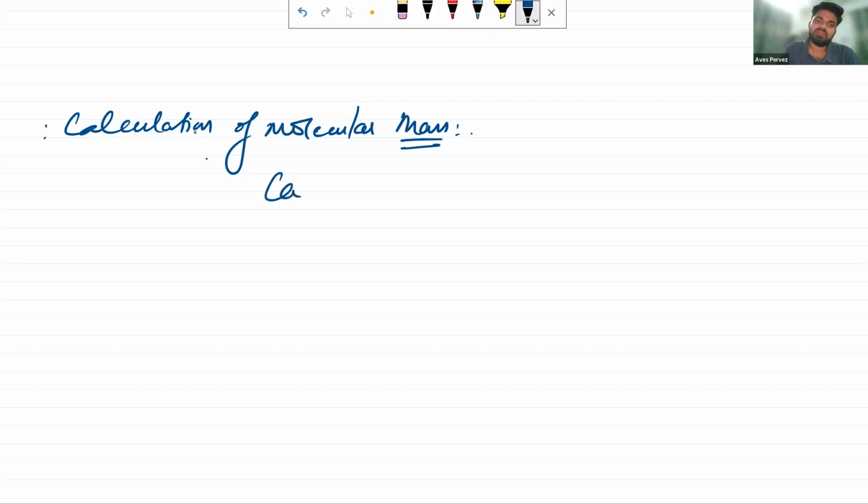If I'm saying write down the molecular mass, hydrogen is going to have mass 1. This is the symbol of atoms, or we can write element, symbol, and mass.